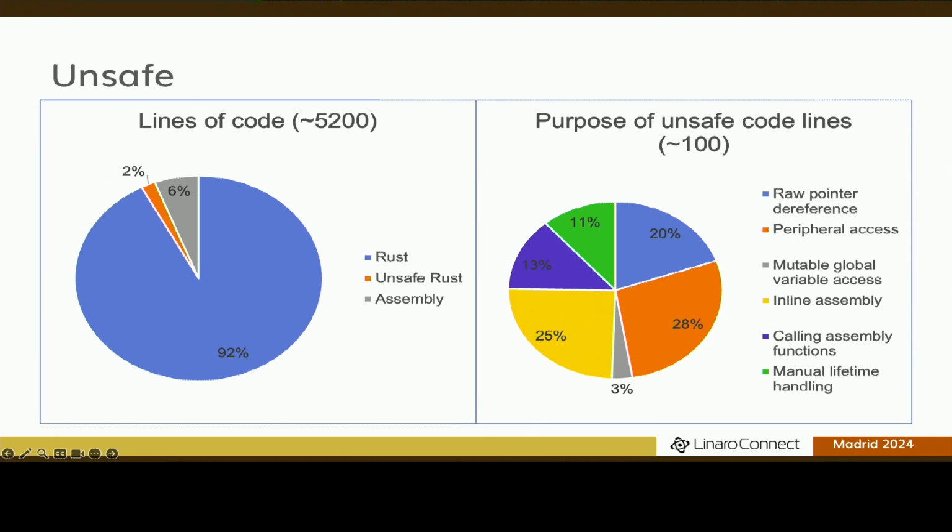And as I mentioned, we had to do some manual lifetime handling in the translation table module. This is all where we have unsafe Rust code lines. It is less than 100 lines. In a similar C project, you would probably do a raw pointer dereference in every other line. So I think we are pretty much on the safe side.